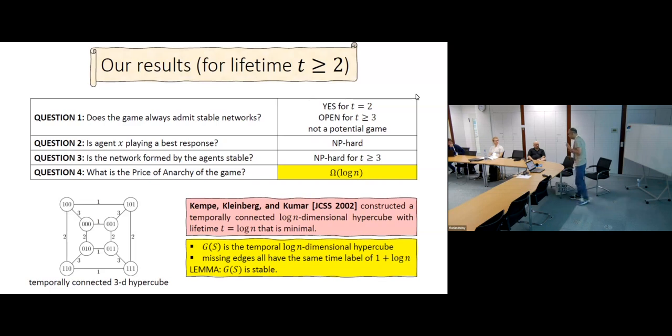At the same time, as all the missing edges have the same time label, which is 1 plus log n, there is a spanning tree in the host graph which consists of edges with the same time label. That spanning tree is temporally connected, so it is a social optimum, which basically means that we provided a lower bound of omega of log n to the price of anarchy of the game.